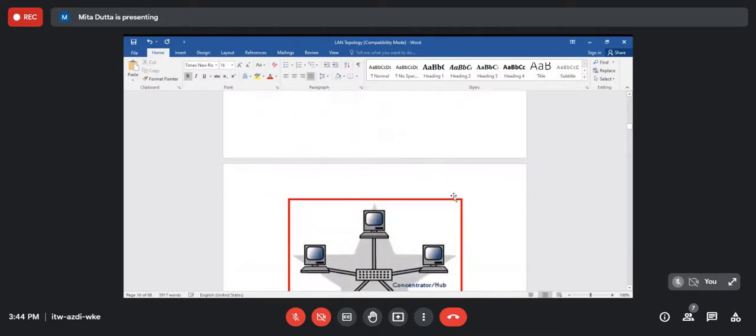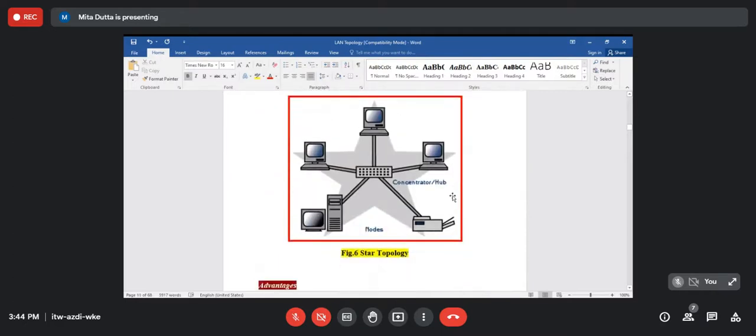Now we come to the star topology. So here it looks like a star, because in a star we have the same common point for all the workstations, which we call a concentrator or a hub. And each workstation, each server is joined to the hub separately.